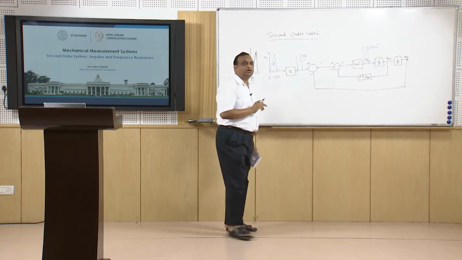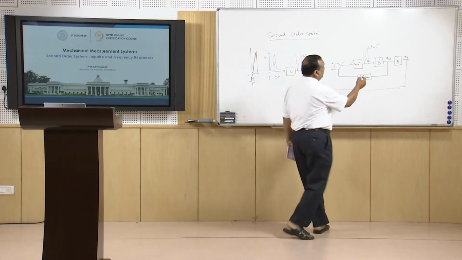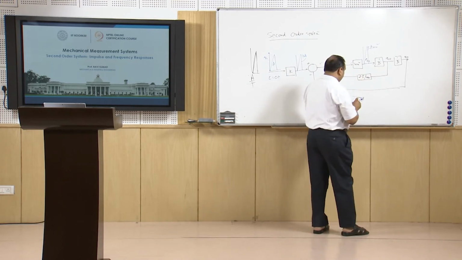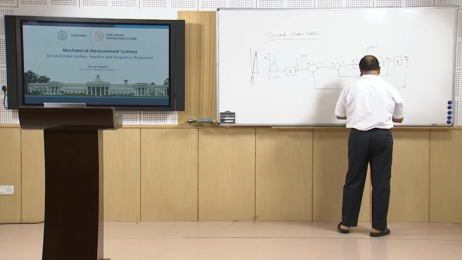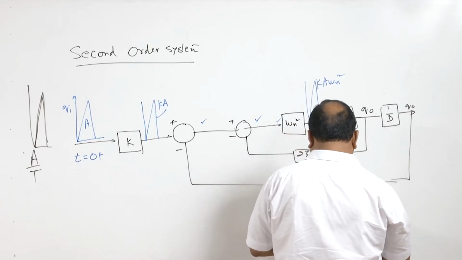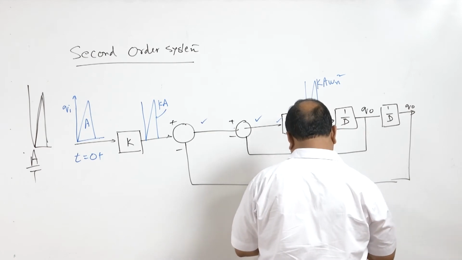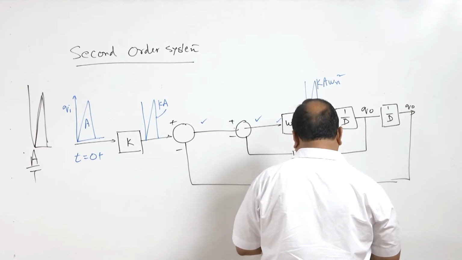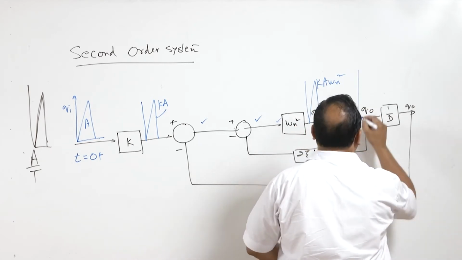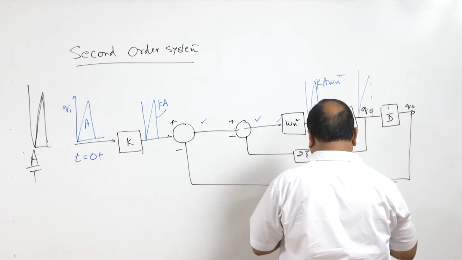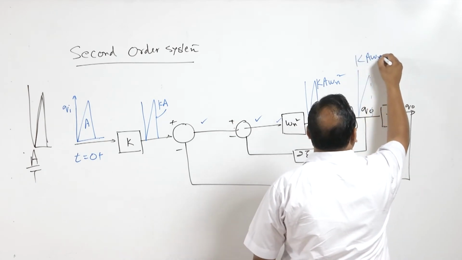We have just broken the transfer function into a number of parts. Now this is going to get differentiated here, and when the pulse is differentiated, it is going to look like this, and this is Ka omega n square.